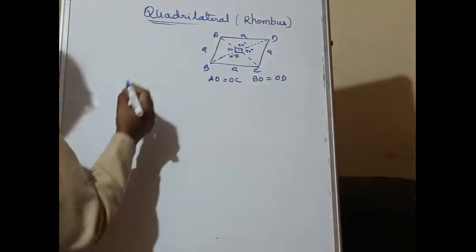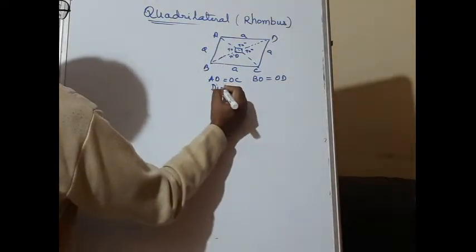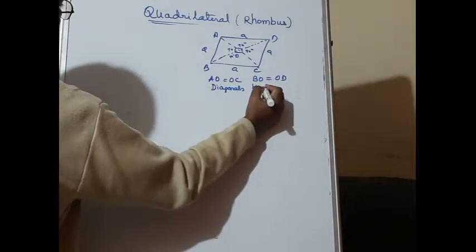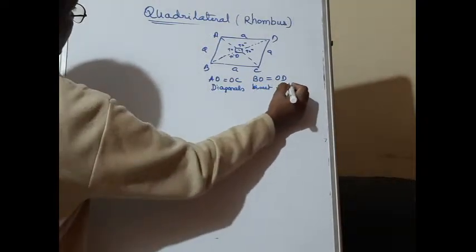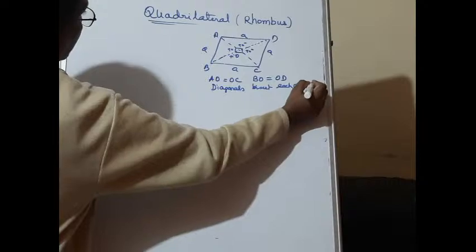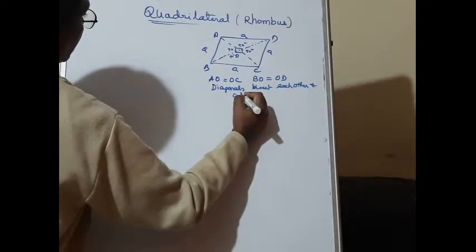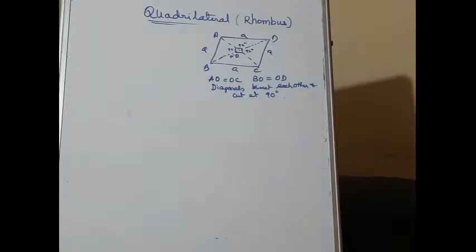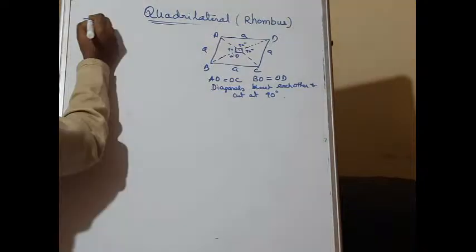You write in bracket, diagonals bisect each other and cut at 90 degrees. So this is a special property of a rhombus. Okay, now the next one: side of rhombus is 40 centimeter.